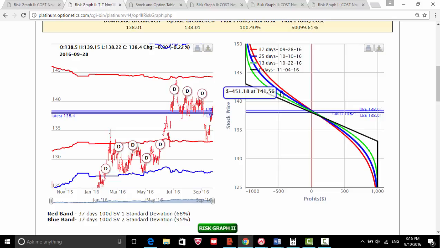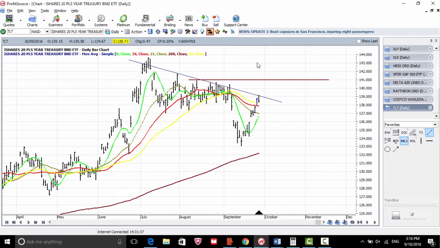Okay, now you can see that that's plenty of room. That's that number there. If the bonds are trading at 141.50, well, 141.50 is above all of these key levels, right? It's above here. I'm clearly wrong in my thinking.